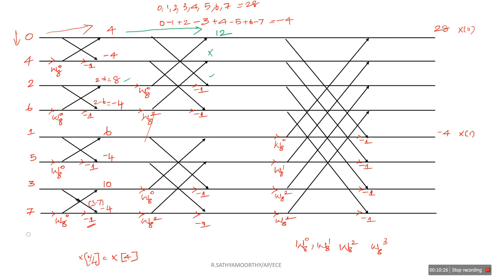Because W8 power 0 is here, and for W8 power 0 the value is 1. So what is this value? This is minus 8. 4 is coming all the way from here, and then this is minus 8. 4 minus 8 is minus 4.